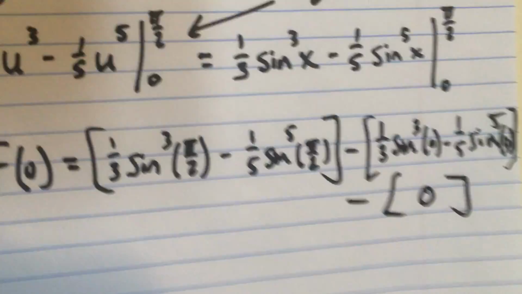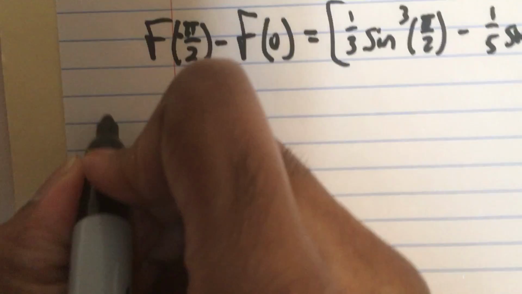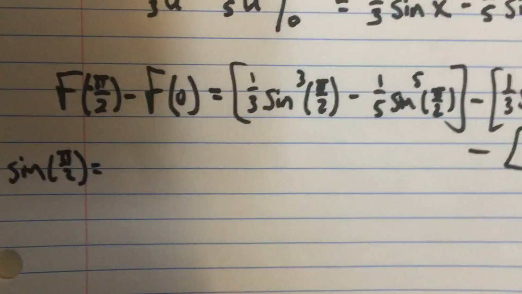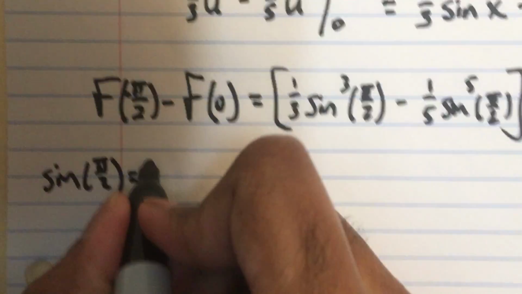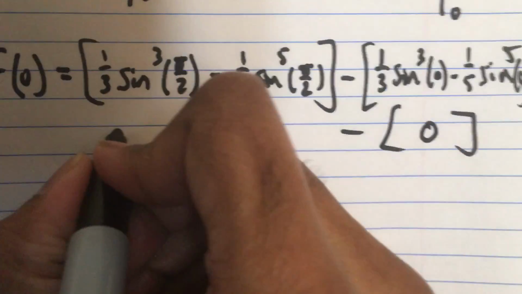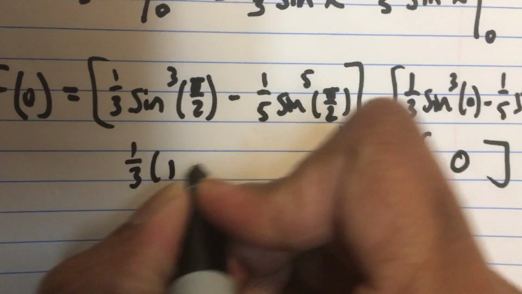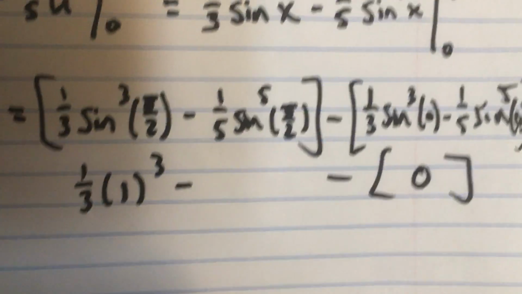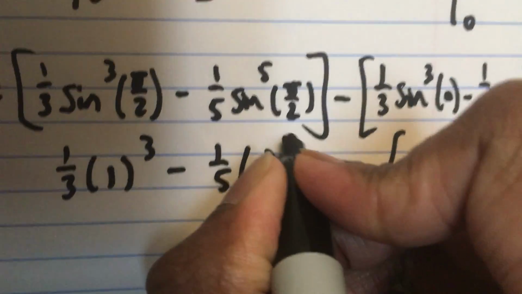So now we can just focus on this first piece right here with the pi halves. So on the side, I'm just going to do sine pi half. Sine pi half equals 1. So right here I have 1/3 times sine pi half, which is 1 cubed, minus 1/5 times 1 to the 5th power.